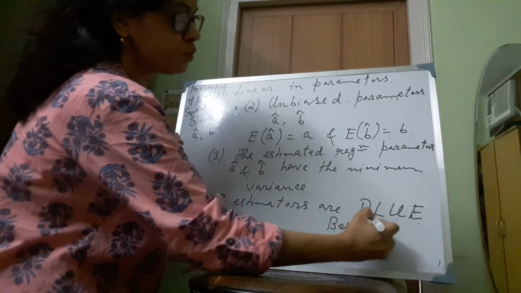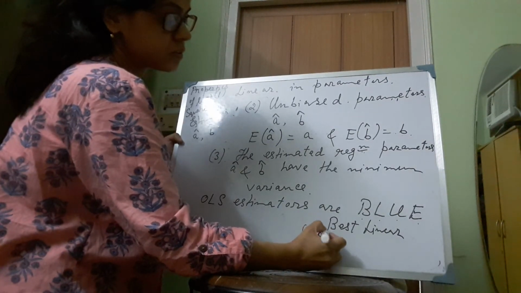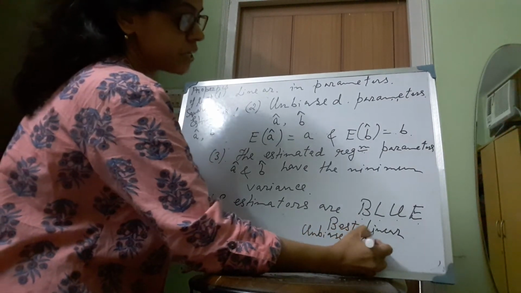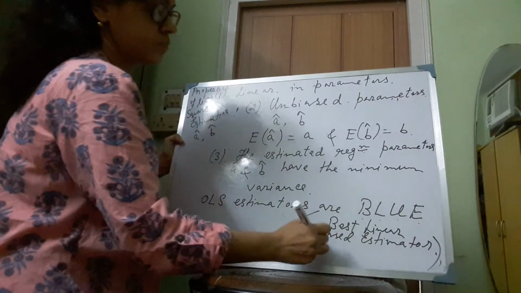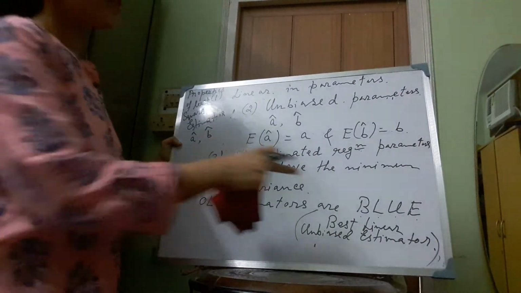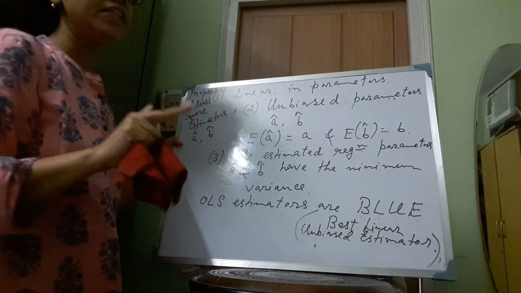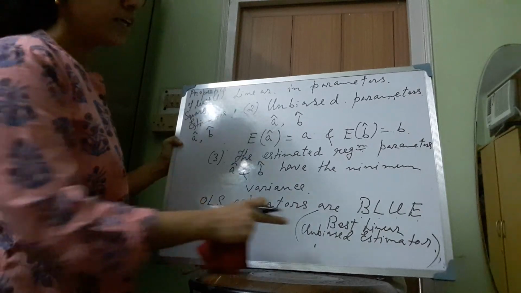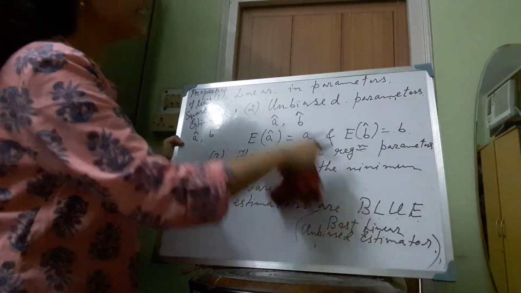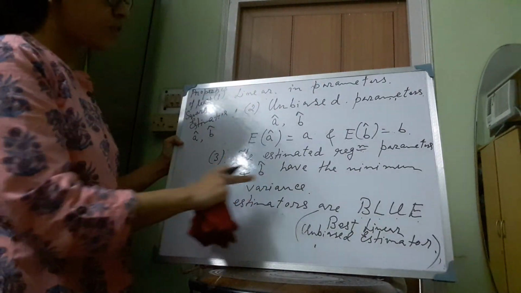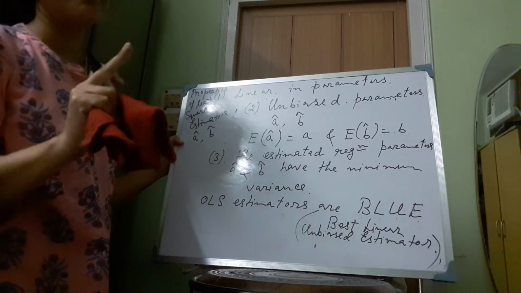So the full form of BLUE is best linear unbiased estimator. So this is best since it has a minimum variance in the class of all the linear and unbiased estimators, and it is unbiased and it is linear in nature. So therefore OLS estimators follow the BLUE property, that is best linear unbiased estimator.